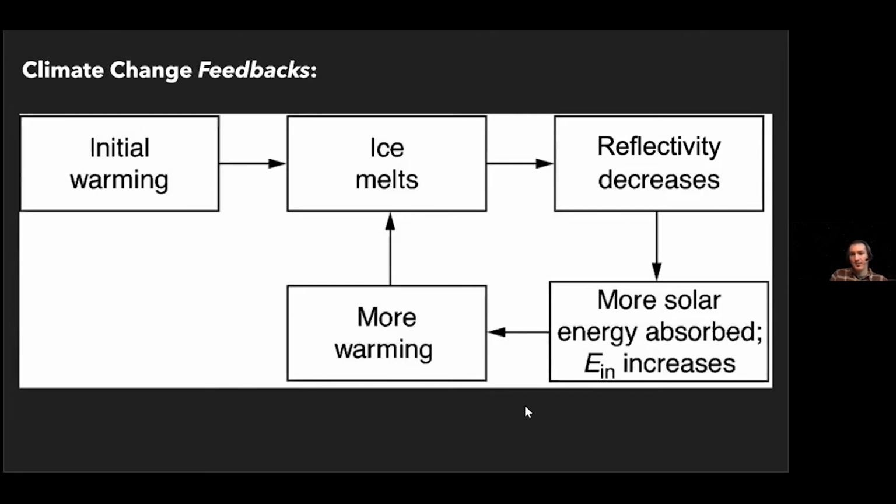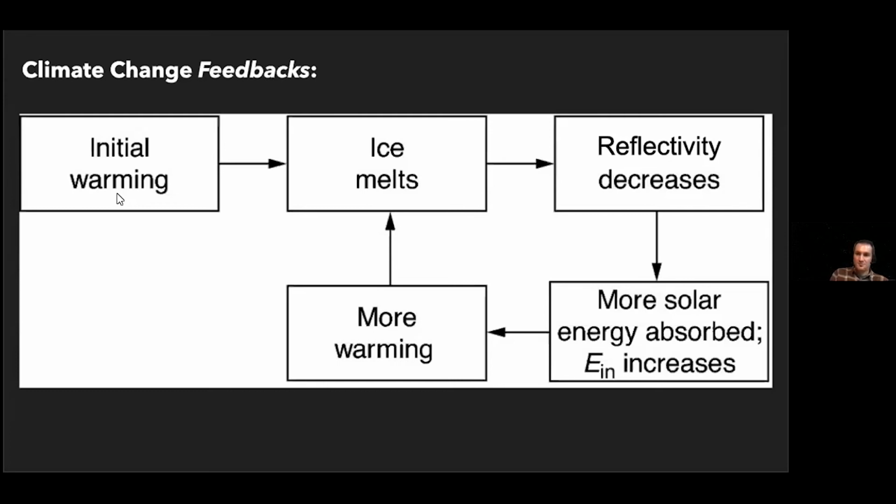There are analogous examples of this in Earth's system, and what I'm illustrating with this diagram is what's referred to as the Earth reflectivity feedback, where we might have a very small nudge of warming, maybe from greenhouse gas emissions. That's usually going to result in an amount of ice melt, maybe at the Arctic Circle.